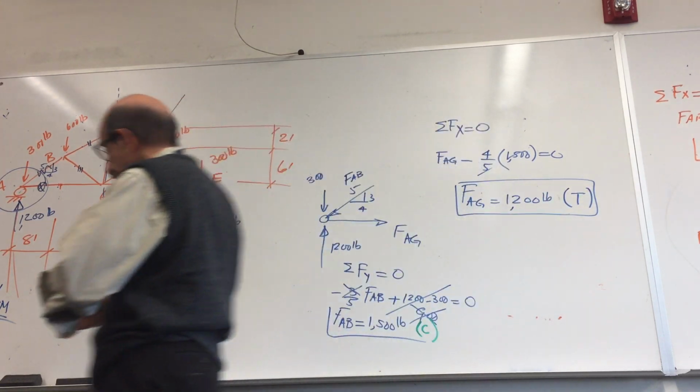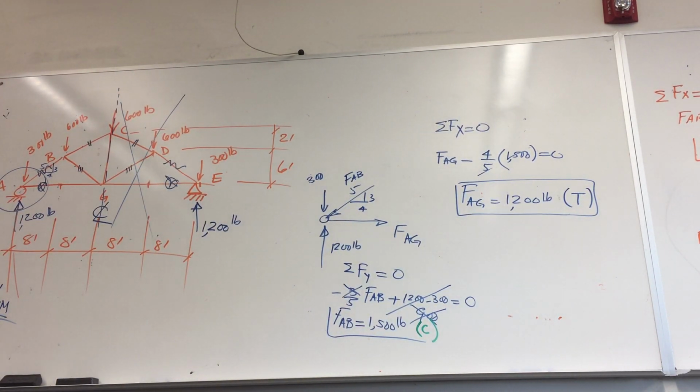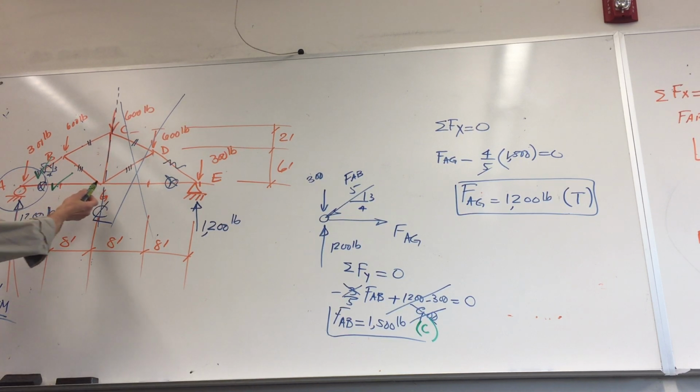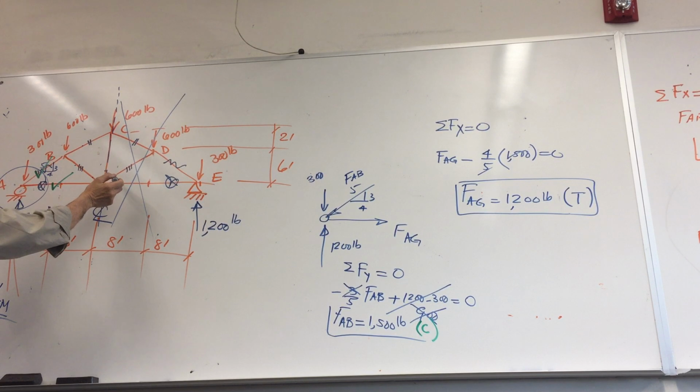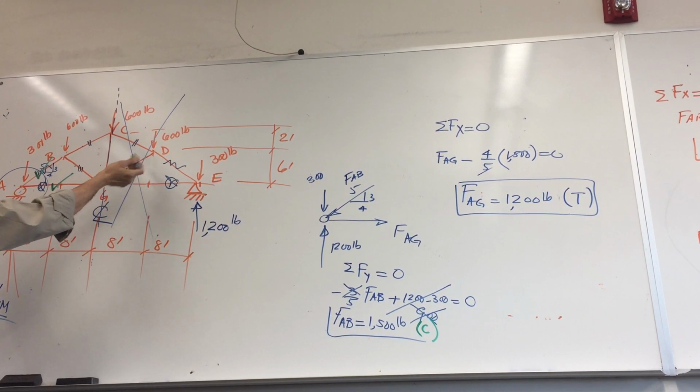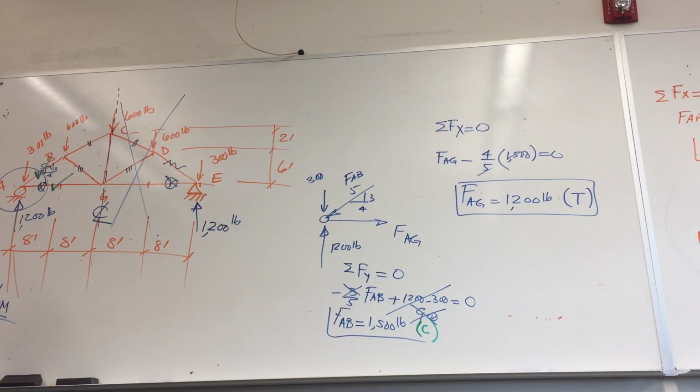So you already found forces in this and in this, right? So at this joint, although these two are equal, still you don't have either of one. So you have 1, 2, in a way 3, you don't have them, right?